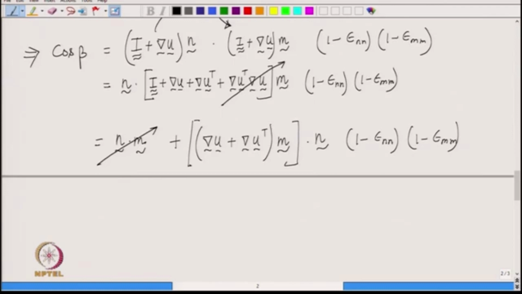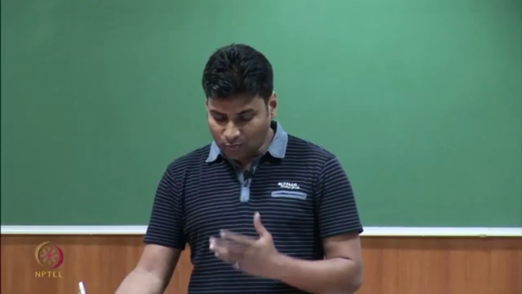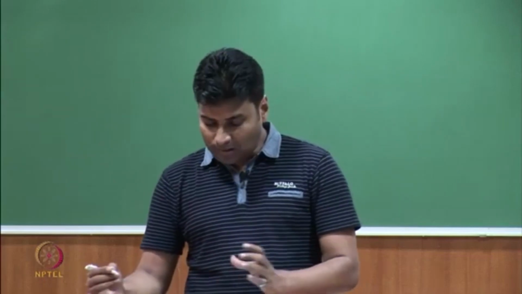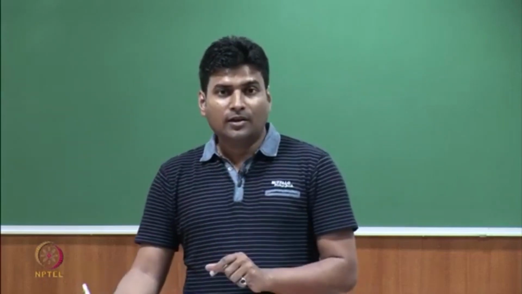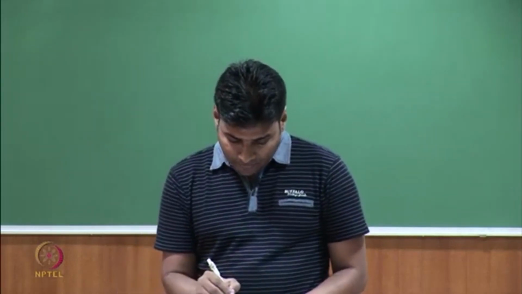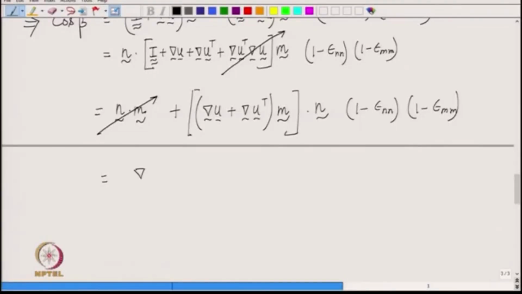Okay, now what can you say about the last two terms? See, grad u itself is of a smaller order. So, when you multiply the whole thing, the most significant term here is going to be grad u plus grad u transpose into m, and then you dot with n.